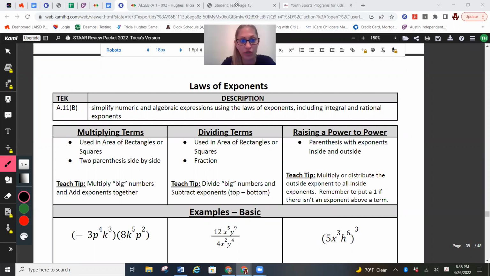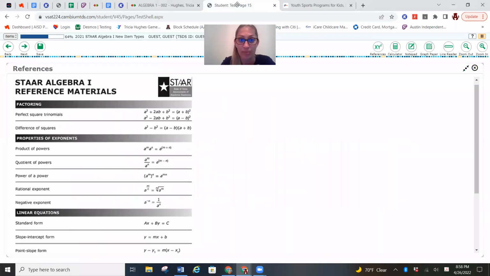So remember, if you look back at the STAAR, the program we've been using to get used to what it's going to feel like on Tuesday, we have the reference STAAR sheet. That is where I found it. Here are the properties of exponents.